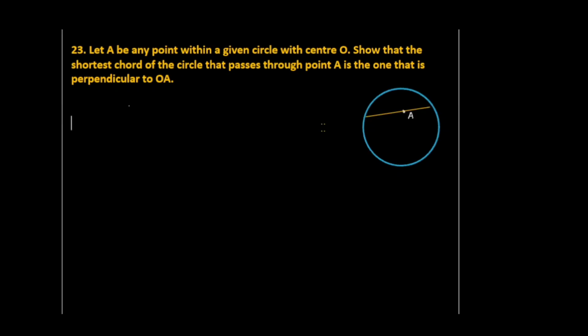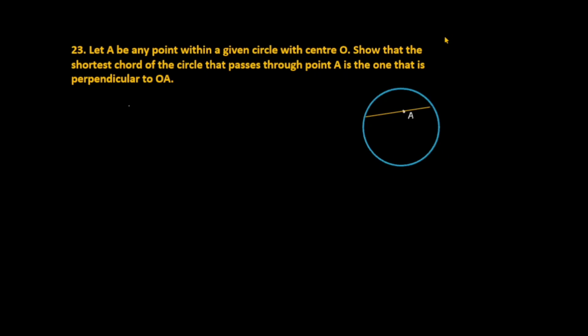So this is the chord passing through the point A, and O is the center of the circle. Then OA is perpendicular to it. Let CD be the chord, and this is the perpendicular length.